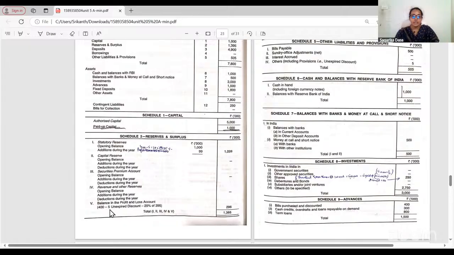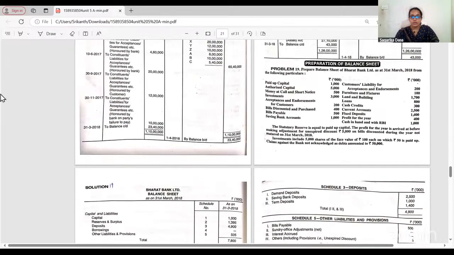So 395 into 25% comes to 99. So the total of your reserves and surplus is 1395.